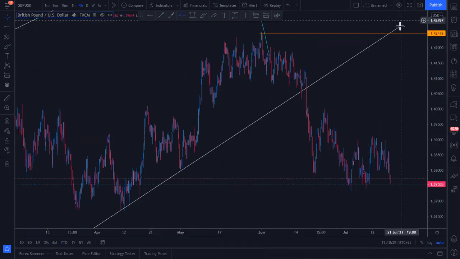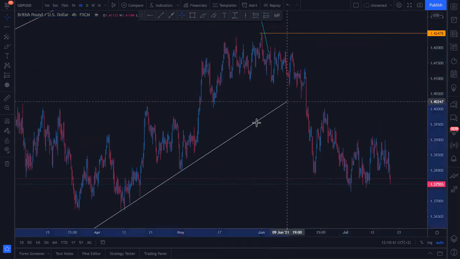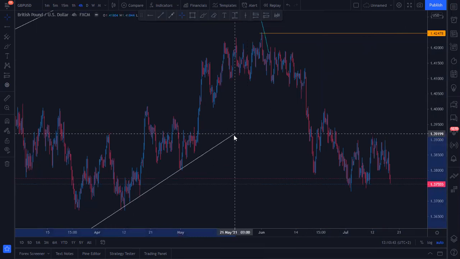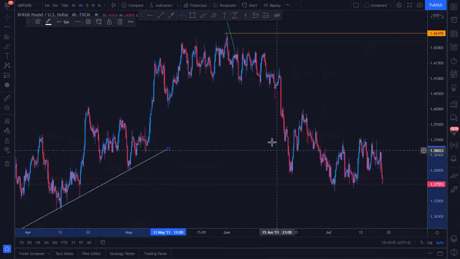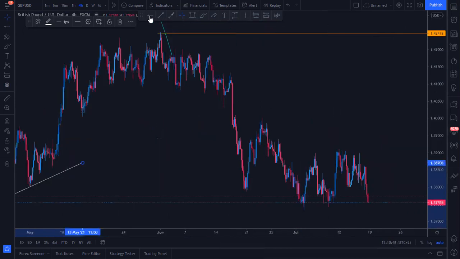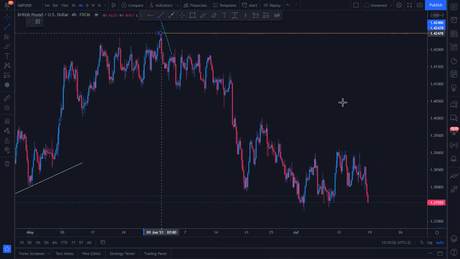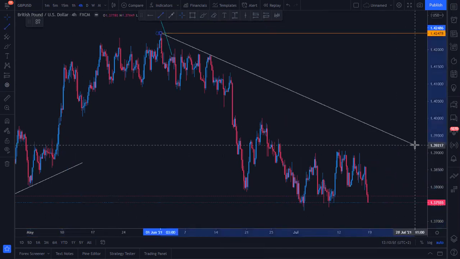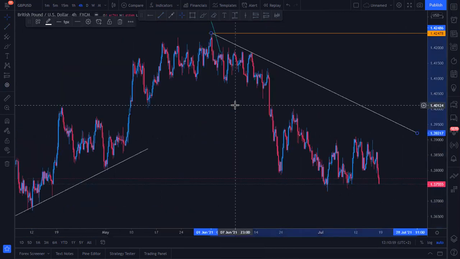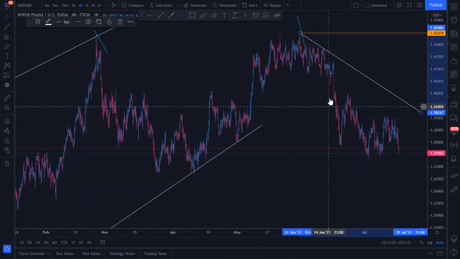Let me just do this pattern separation here because I'm about to draw. I don't want this line to distract me, right? So I'm going to draw my trend line like this. First touch like this. As you can see, our trend is like this, guys. That is the guide.